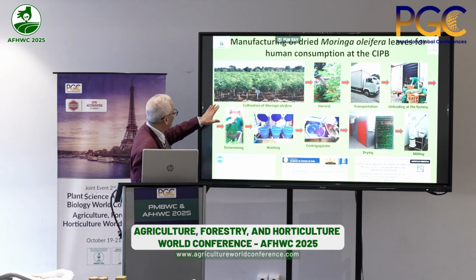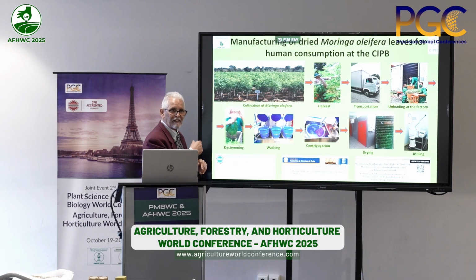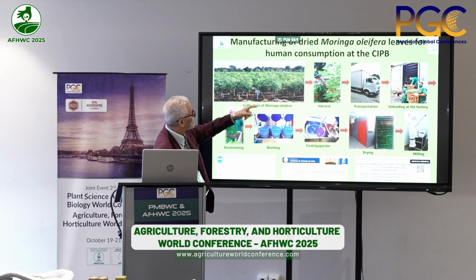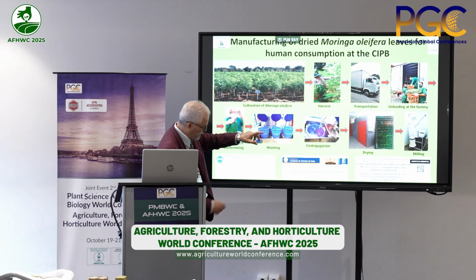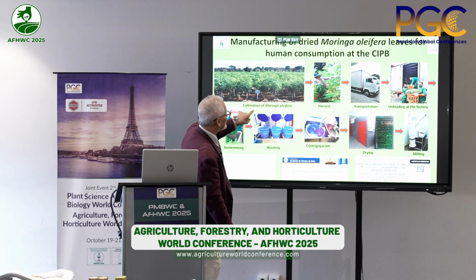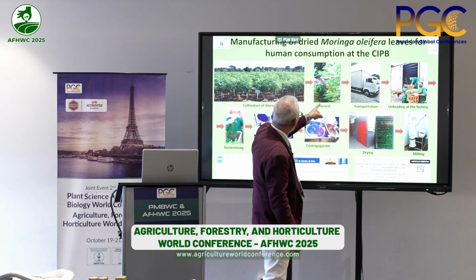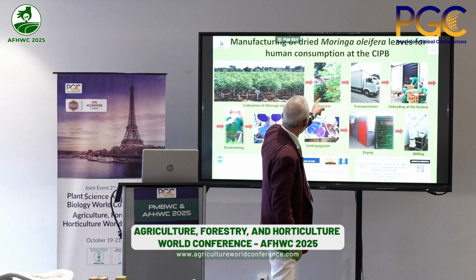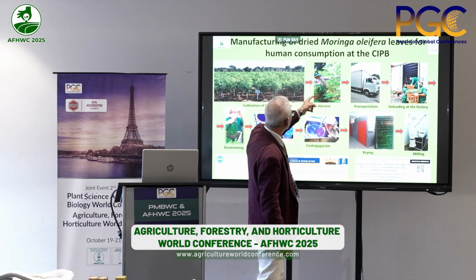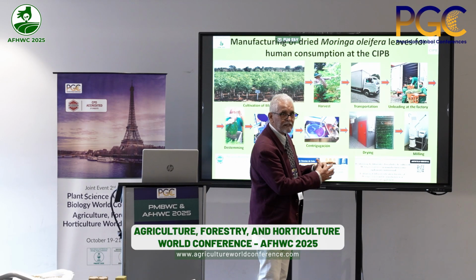So we decide a frame that gave more fill, and then here you can see the process of manufacturing the moringa. Here is the harvest of moringa in this place that, as you can see, is mainly manual.